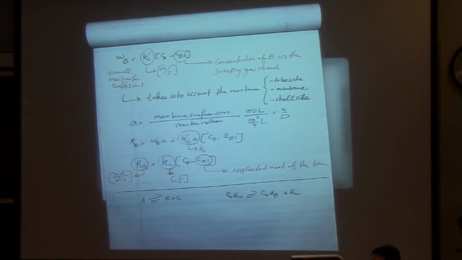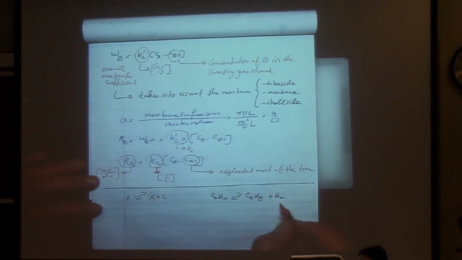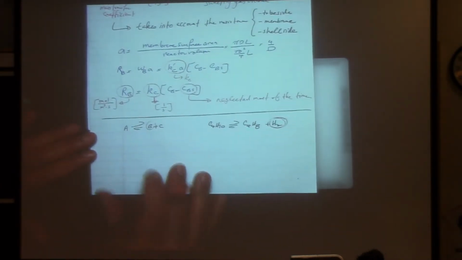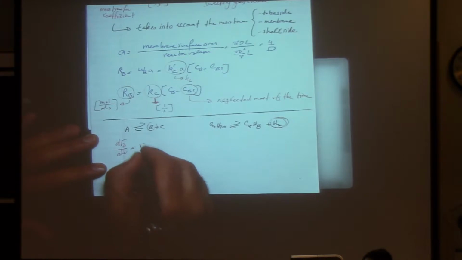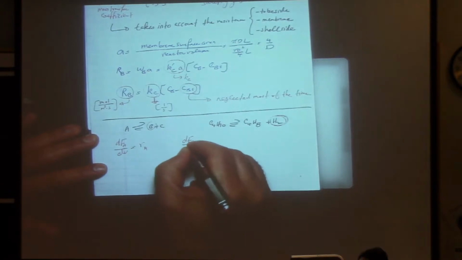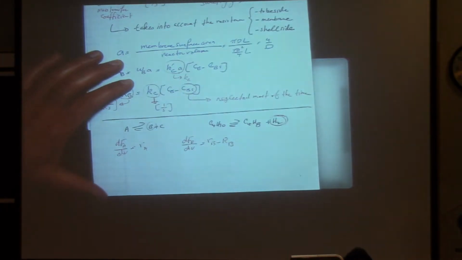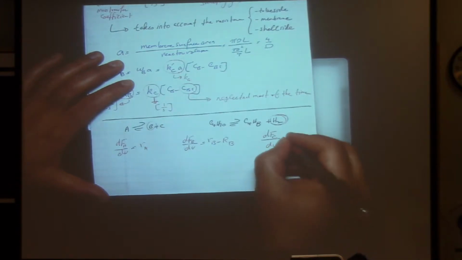So we do the mass balance, and let's assume that B is your hydrogen, the one that is going through the membrane outside. So if you do the mole balance, it would be dFA/dV is equal to RA, and dFB/dV is RB minus capital RB, and dFC/dV is RC.